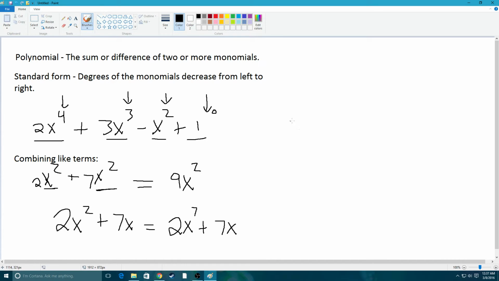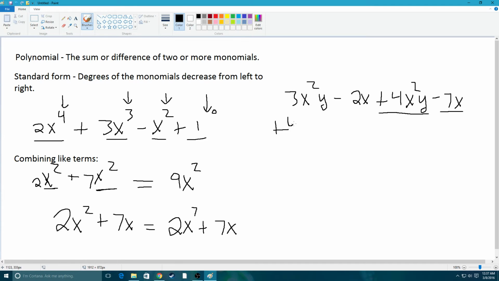On the other hand, let's say you got something like 3x squared y minus 2x plus 4x squared y minus 7x. I'm going to take these and put them underneath their like buddies.